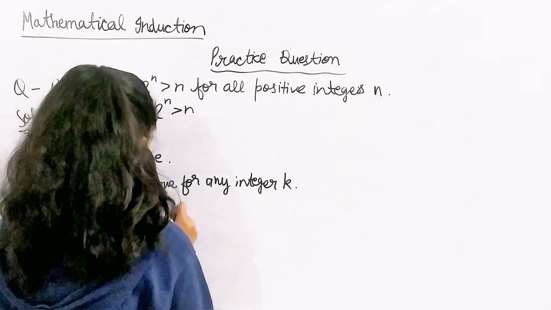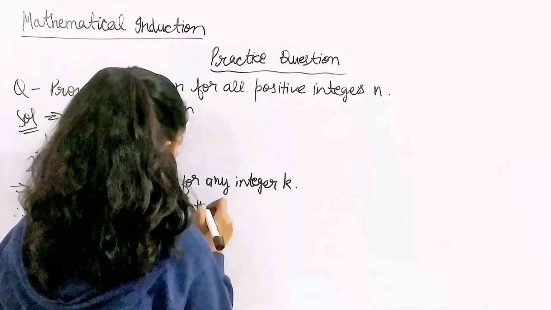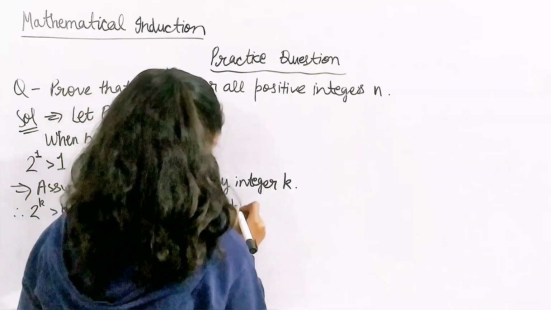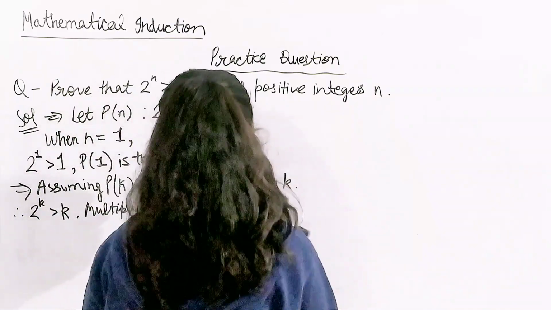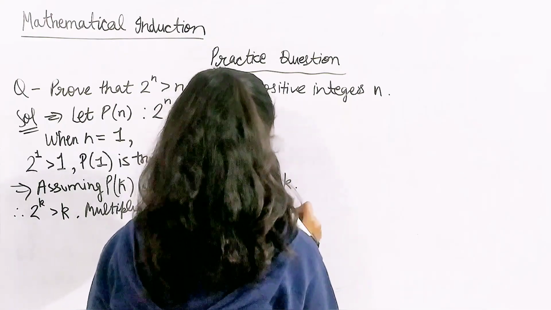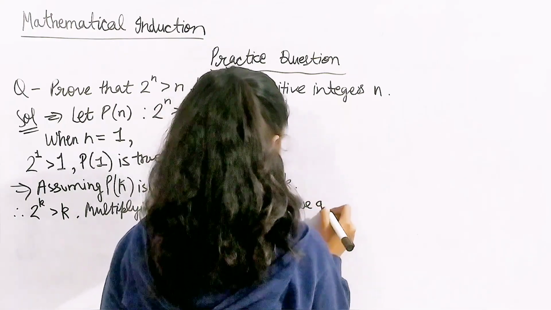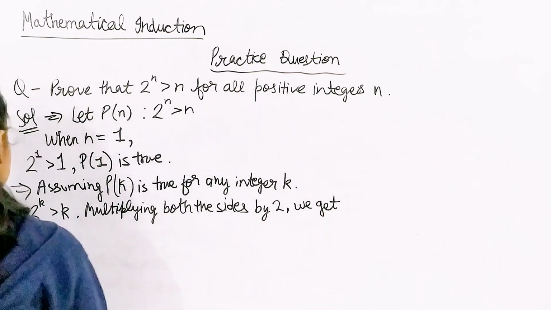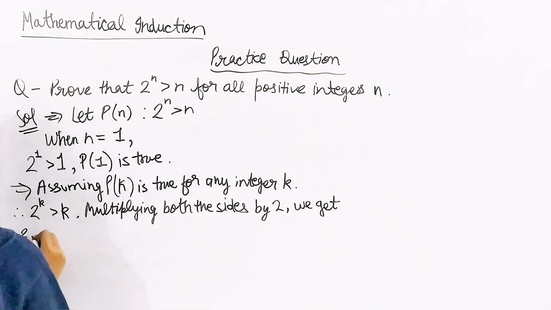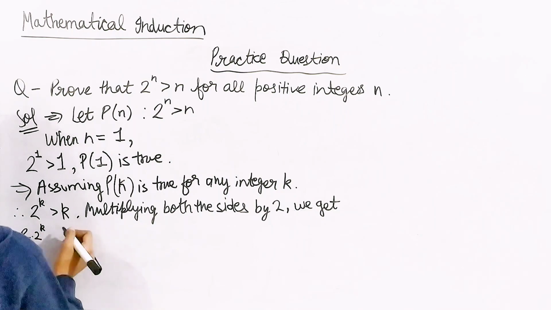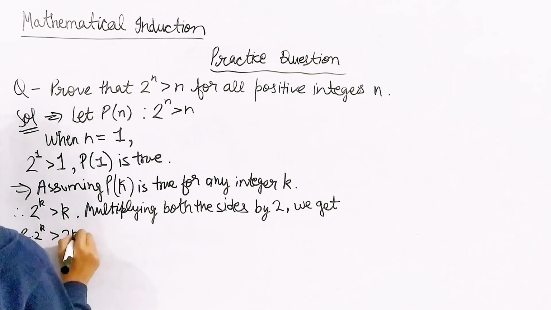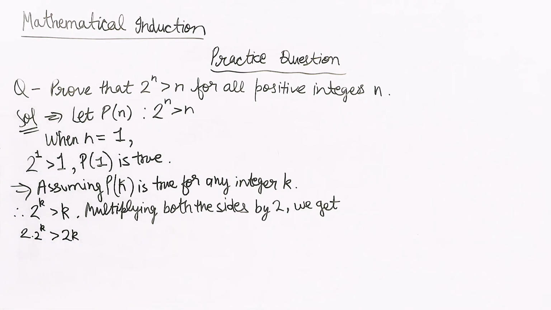Multiplying both sides by 2, what do we get? We get 2 times 2 to the power k is greater than 2 times k. Just have a look, isn't it correct? Okay, it's absolutely correct, and now we're going to look for our value 2 to the power k plus 1.